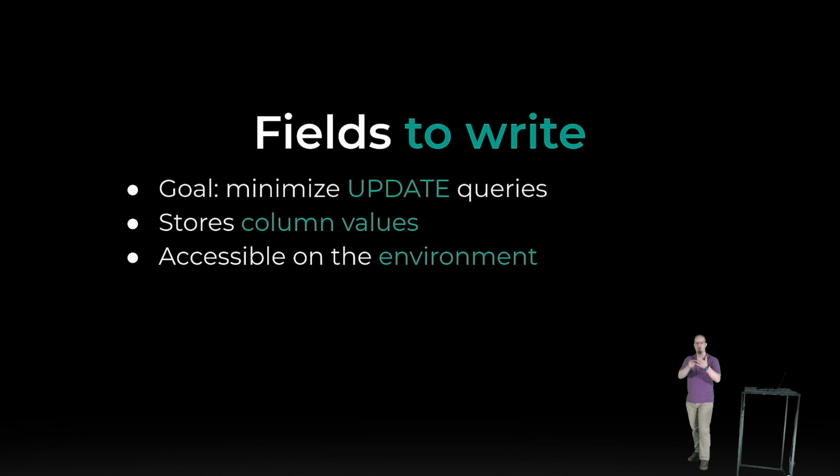We would like to group these updates automatically. Essentially, the goal of ToWrite is to minimize the number of update queries you perform on the database. And the idea is to group updates by record. This is the simplest way to minimize the number of updates.